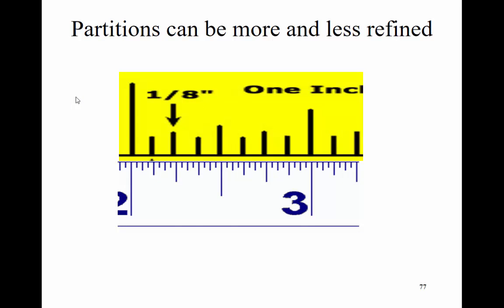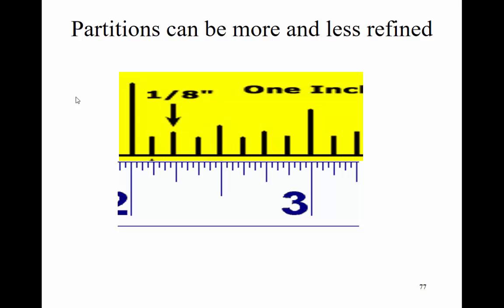And then, as we said earlier, partitions can be more or less refined. So we can have an inch-based partition which is more refined than another inch-based partition. And here we just have a more granular division of what is one and the same thing, namely an inch. So what was true of partitions in general, with the Bishop Guruguru statue and so forth, is now seen to be true of those kinds of partitions which are partitions of measurable dimensions.